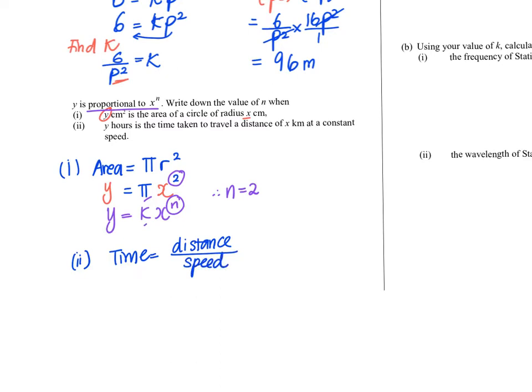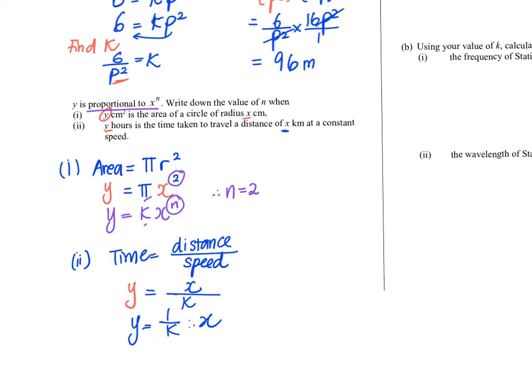So the time now is y hours. Distance now is x kilometers, divided by a constant speed. So I'll let k be the constant speed. Rewriting this, we can have y equals 1 over k times x.